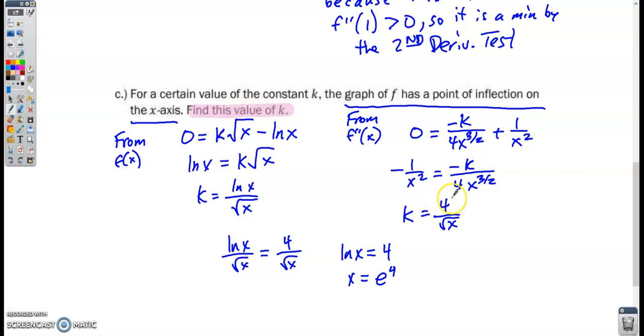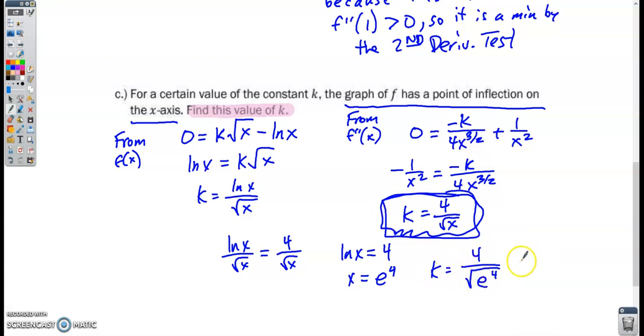And we just said here, k is equal to 4 over the square root of x. So k is equal to 4 over the square root of this x value that we just found, and therefore the value of k, where the graph has a point of inflection on the x-axis, is 4 over e squared.